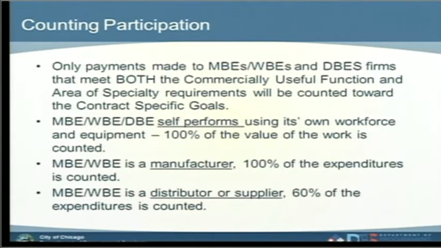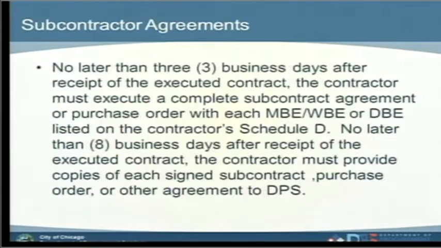Does that make sense? Is it services as well? Only for suppliers. And normally that will say anything that is required to get the contract done. Normally services, you provide your services at 100%. But for suppliers, normally those are the wholesalers, distributors.